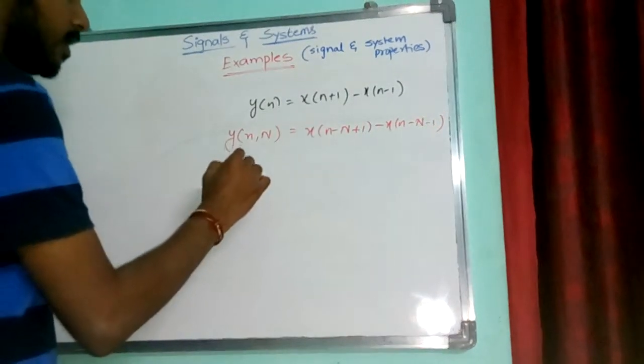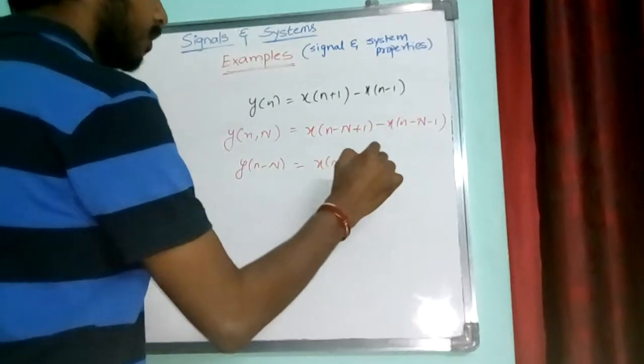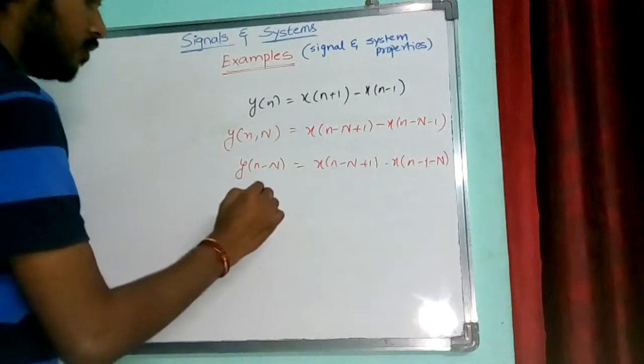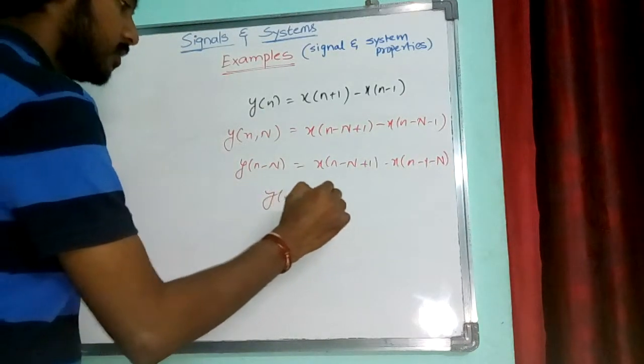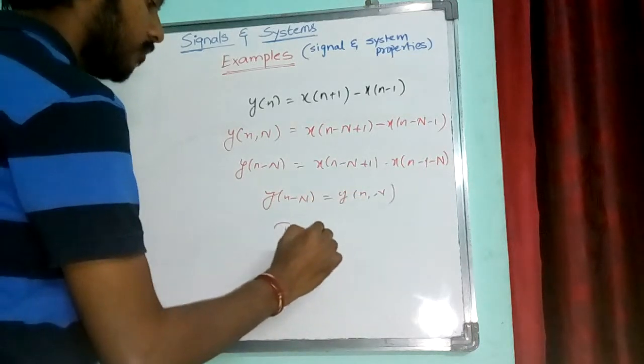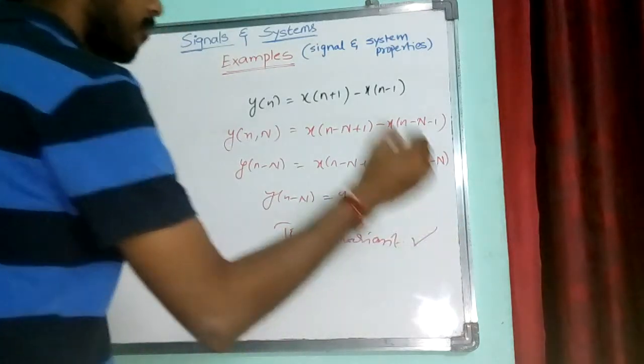Now similarly I'll change the input side, then x of n minus n plus 1 minus x of n minus 1 minus n. So y of n minus n is the same as y of n comma n, it is a time invariant system.